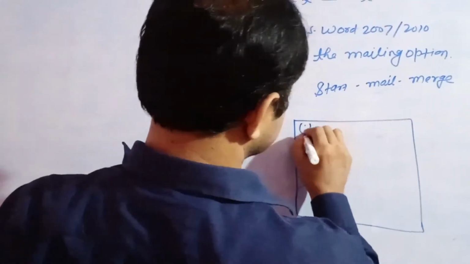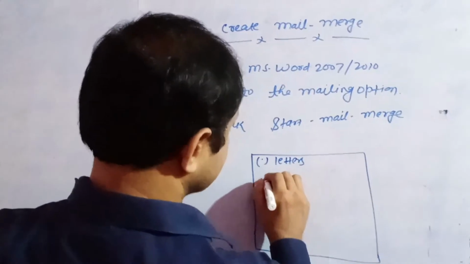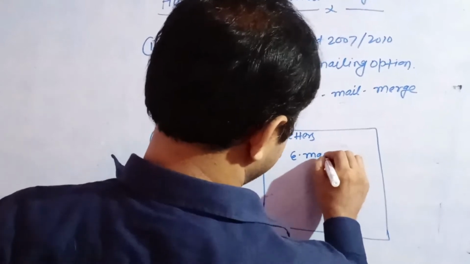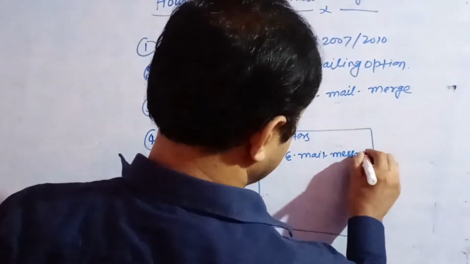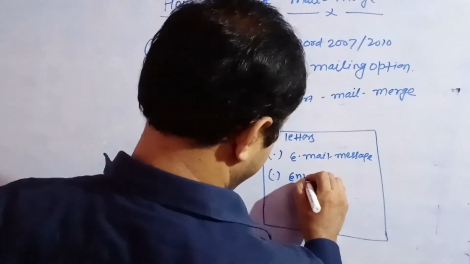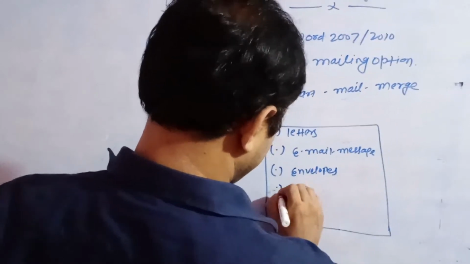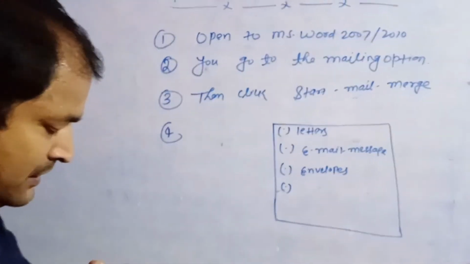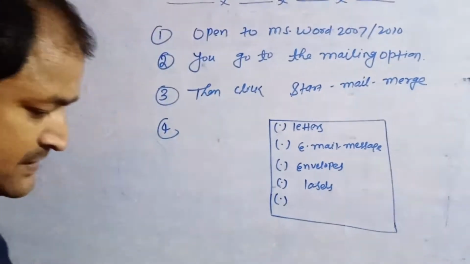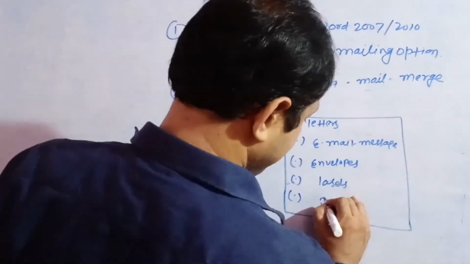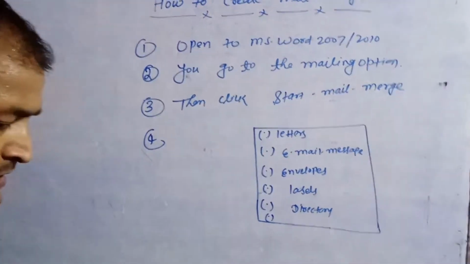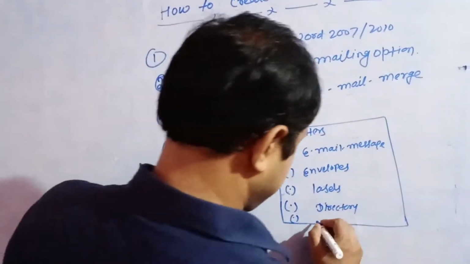There are so many options involved: first letters, second email message, third envelopes, fourth labels, fifth directory, sixth normal Word document.